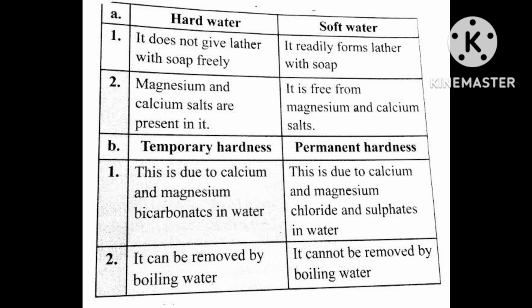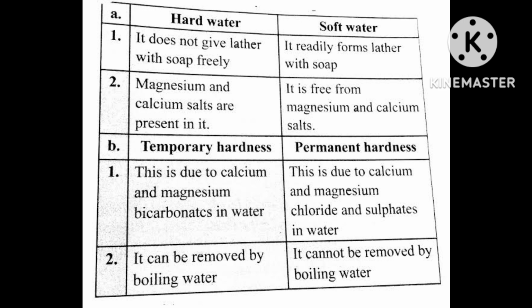Cations like calcium and magnesium can be removed by cation resin, and chloride, sulfate, bicarbonate can be removed by anion exchanger resin. Now I have told about the removal of permanent hardness.